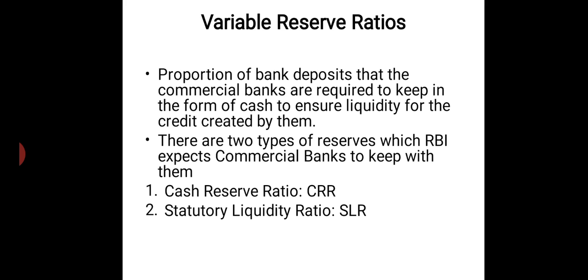There are two kinds of reserves which every commercial bank has to keep in accordance with the directives of RBI, which are cash reserve ratio, CRR, and statutory liquidity ratio, SLR. So basically CRR and SLR are two reserves or deposits kept by commercial banks as directed by RBI.